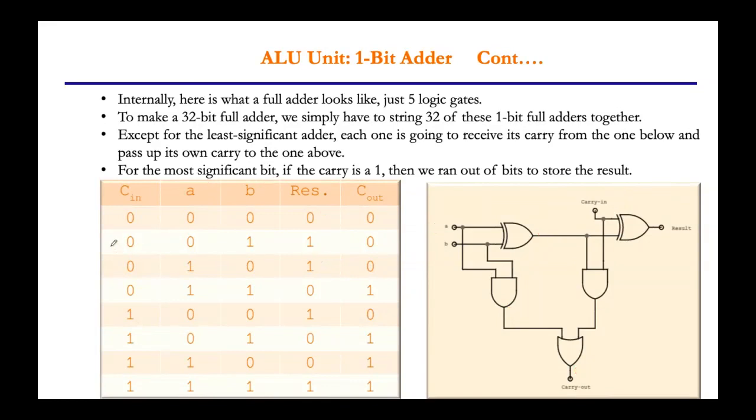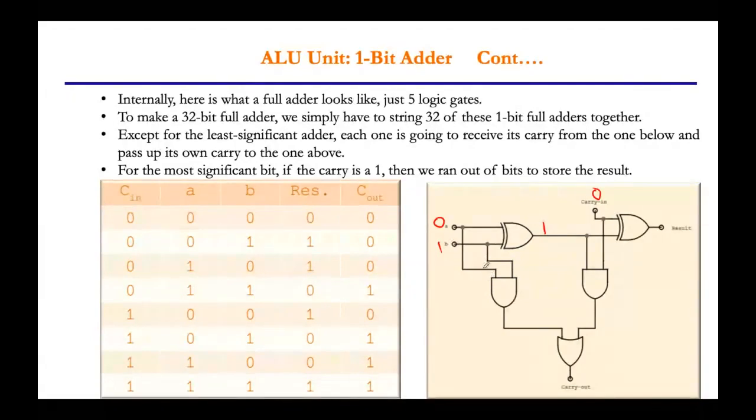For that, in the second case, you can see carry is 0, input A is 0, input B is 1. Then let us see what is the result and what is the carry out. So here you can see 0 and 1. The inputs are different. When the inputs are different, the exclusive OR output is 1.